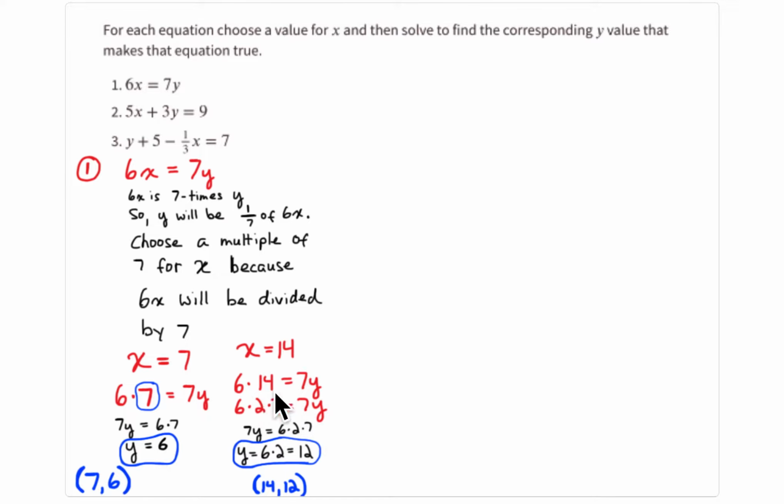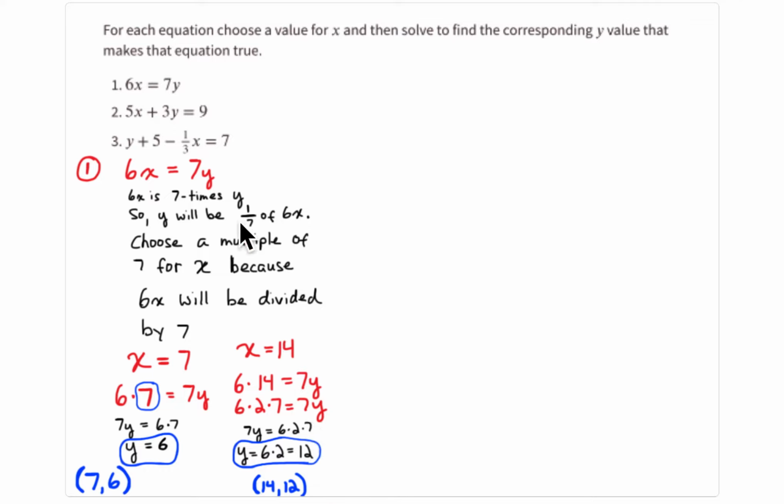If I write this out as 6 times 2 times 7, when I divide by that 7, I'm left with 6 times 2, which is 12. So 7y equals 6 times 2 times 7. I'm going to divide by the 7 to get to 1y, so that's going to give me 6 times 2, or y equals 12.